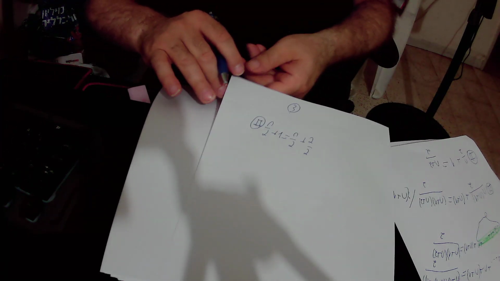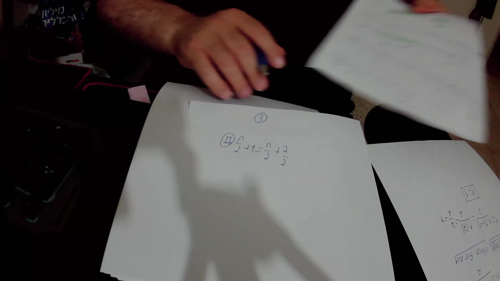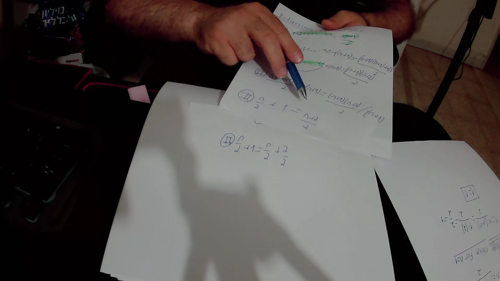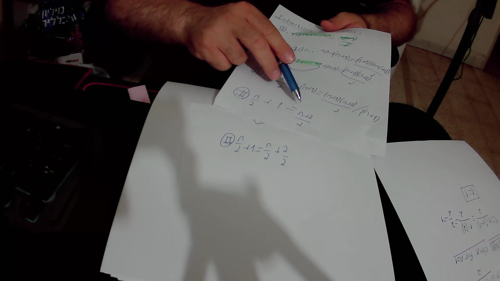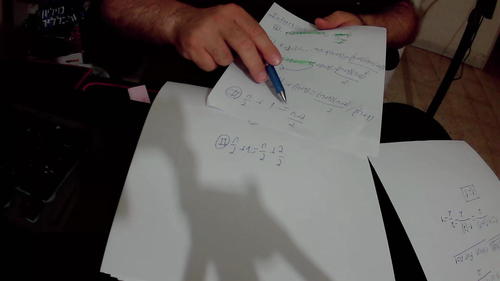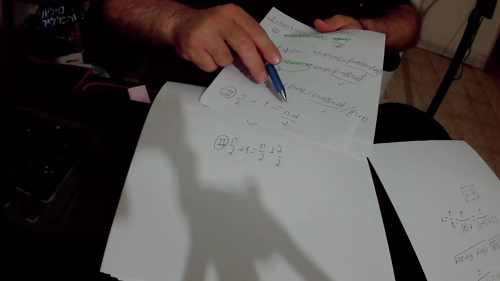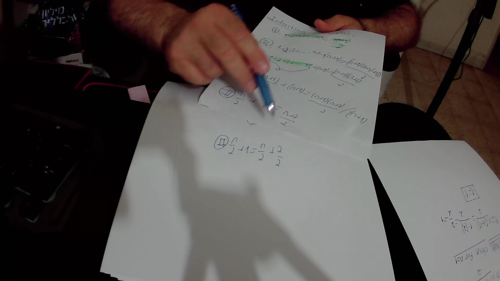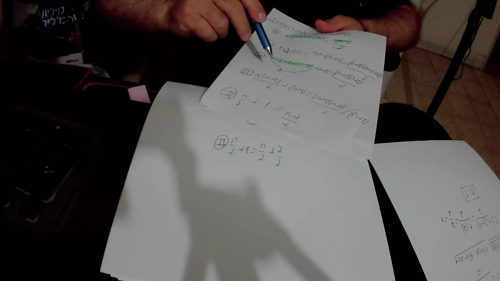So, as you can see here, n plus 2 divided by 2, when we separated this expression into two parts, it becomes n divided by 2 plus 2 divided by 2. Okay?